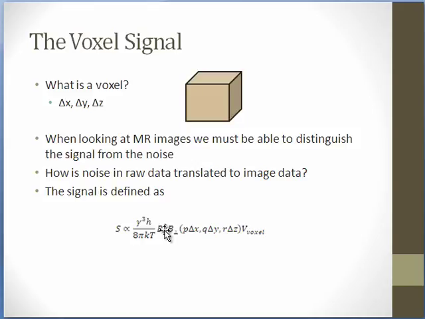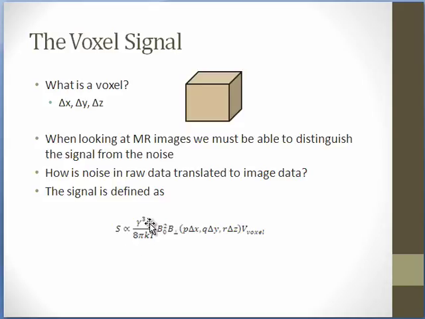So we can look at another equation for the signal given here, where this term out front is really m0. This equation is very similar to one of the equations that I showed in Module 5.